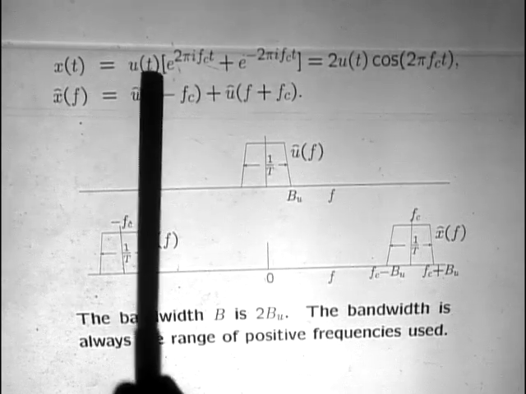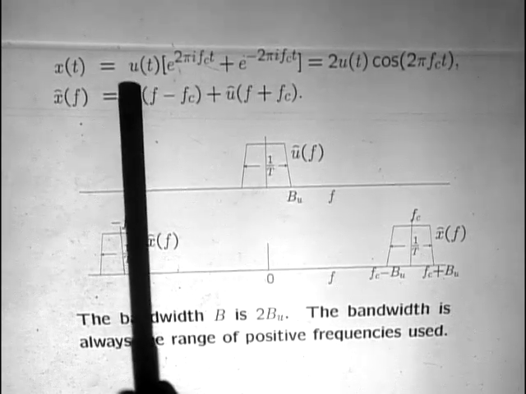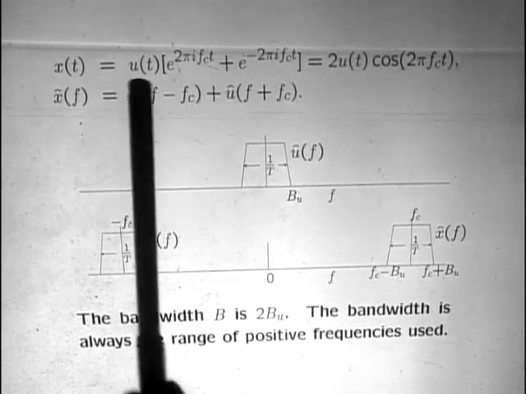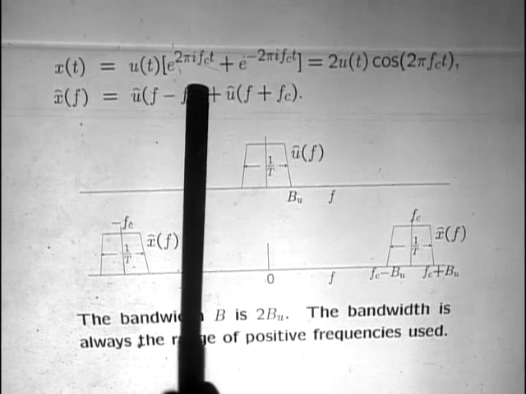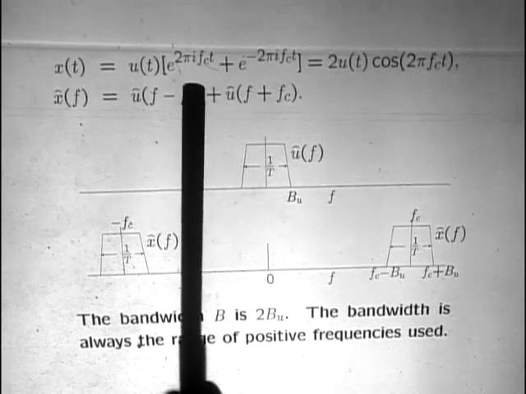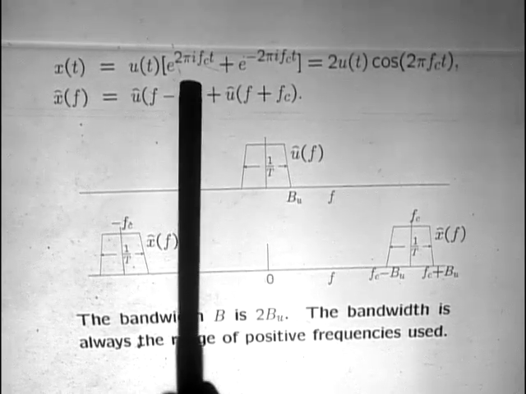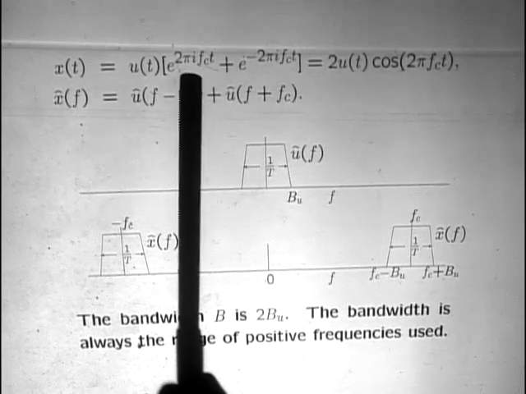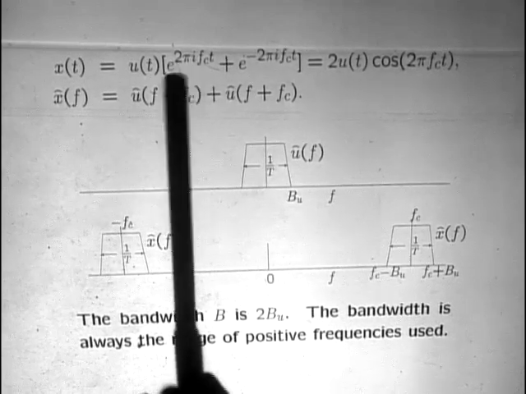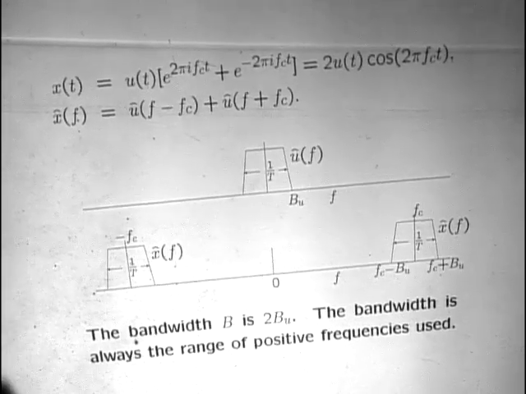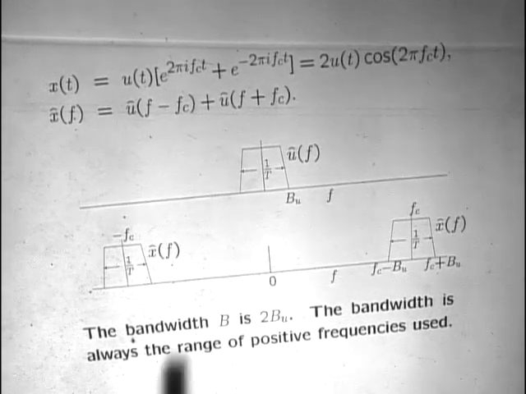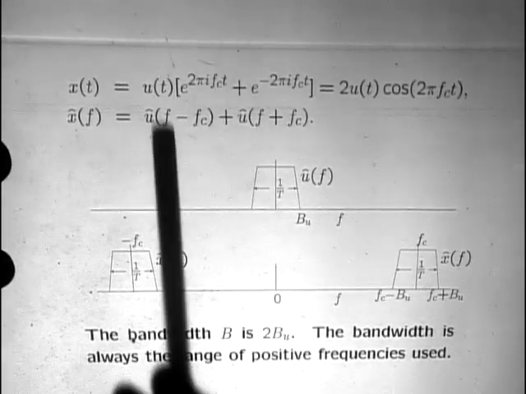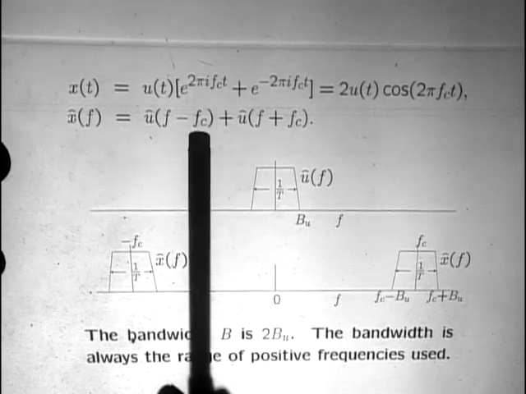And in frequency, what this looks like, since all we're doing here is, by this shift formula that we have for Fourier transforms, multiplying a time waveform by a complex sinusoid is simply the same as shifting the frequency response. So the Fourier transform of this is u hat of f minus fc.